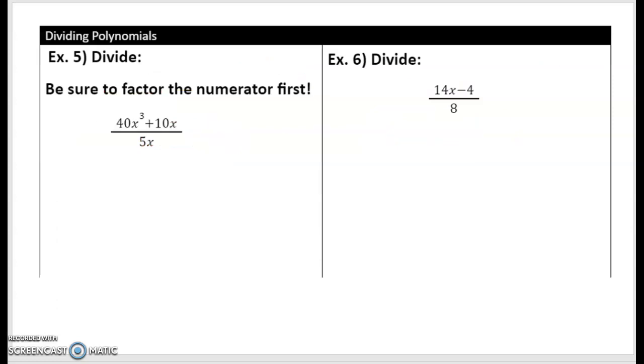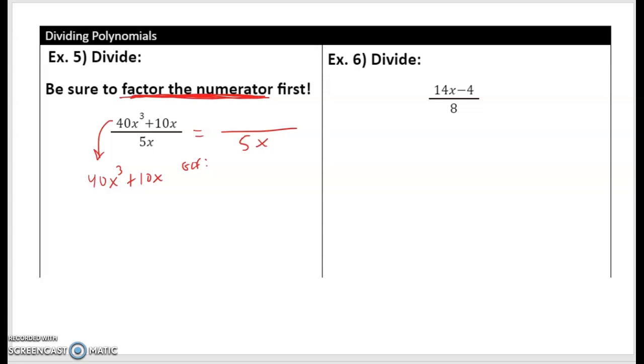Okay. We are now dividing, but be sure to factor the numerator first. Factor the numerator first. So, 40x to the third plus 10x, I need to get the GCF just of the numerator. So look, the 5x is over here and it's waiting, and I'm taking the numerator off to the side.